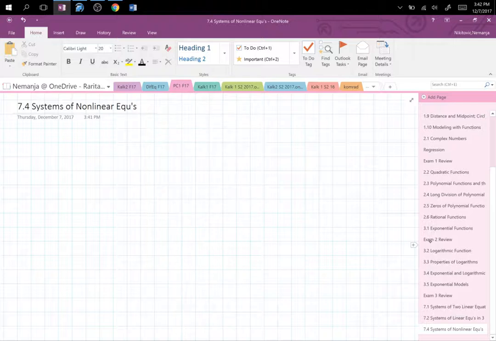A nonlinear equation is an equation that would have a square on y, or some weird stuff happening that you really can't write as y equals everything else.